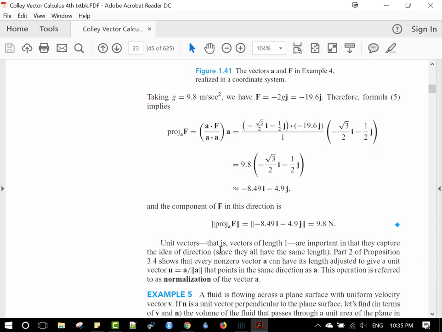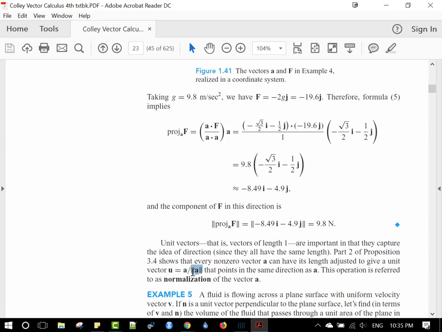Unit vectors, that is vectors of length 1, are important in that they capture the idea of direction, since all have the same length. Part 2 of proposition 3.4 shows that every non-zero vector A, any old vector A, doesn't have to have length 1, can have its length adjusted to give a unit vector, U, by dividing A by its length.